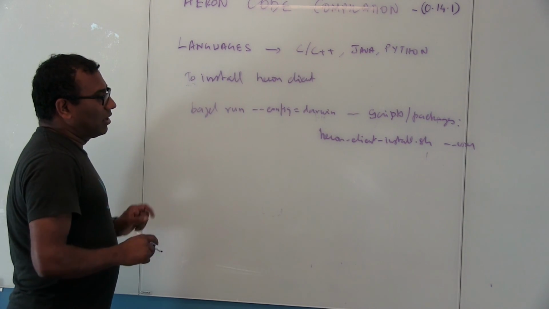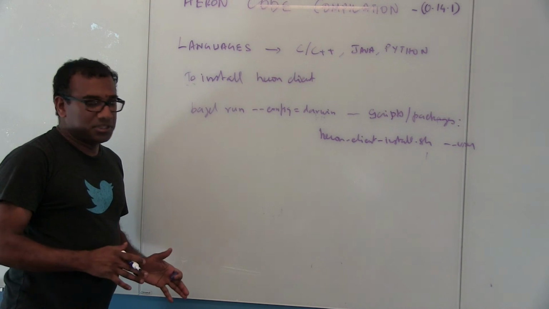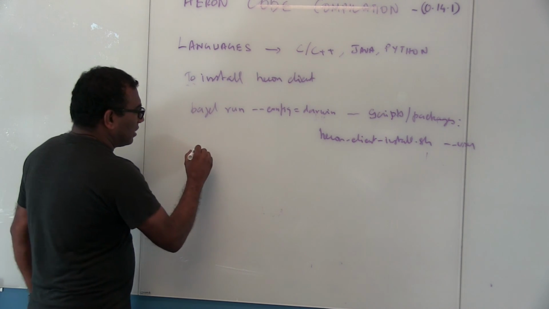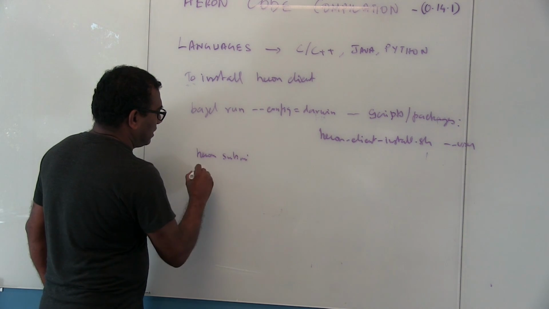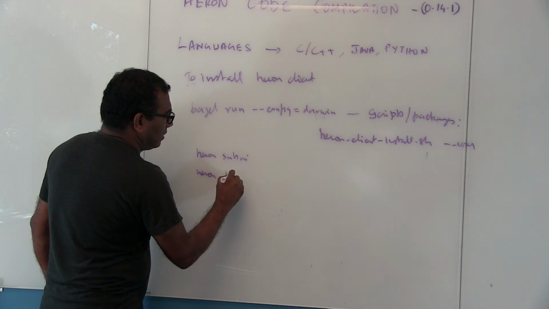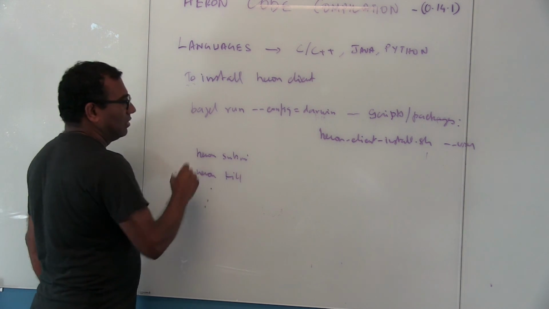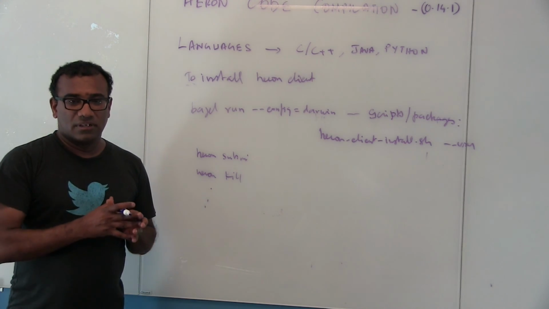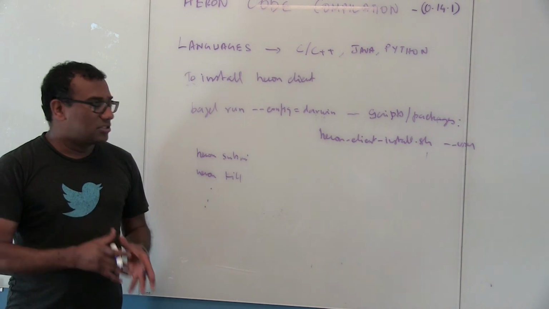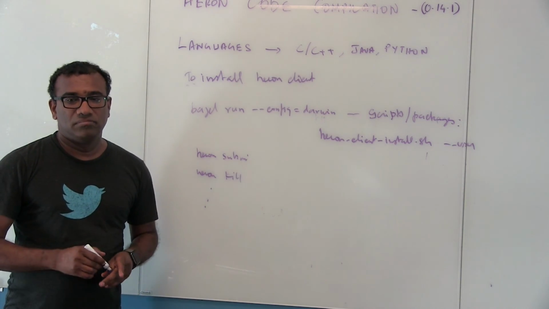Once you run the script, Heron will automatically install on your local machine, and you can start submitting topologies with heron submit, killing topologies with heron kill, and all the various other commands. So that's all about a short introduction about compiling the code, installing it and running it.